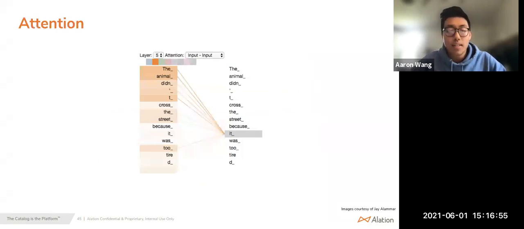For each token in our input sequence, we learn how important every other token is for the contextual meaning of our current token. If we look at this example, the model has learned that the contextual meaning of the word "it" is most signified by the words "the" and "animal", which makes sense because it is referring to the animal.